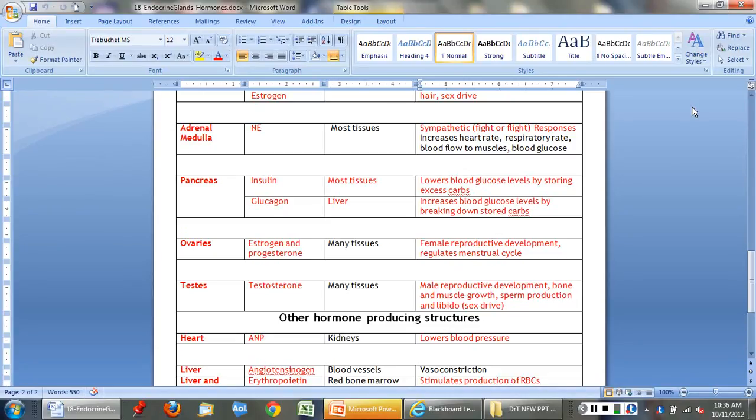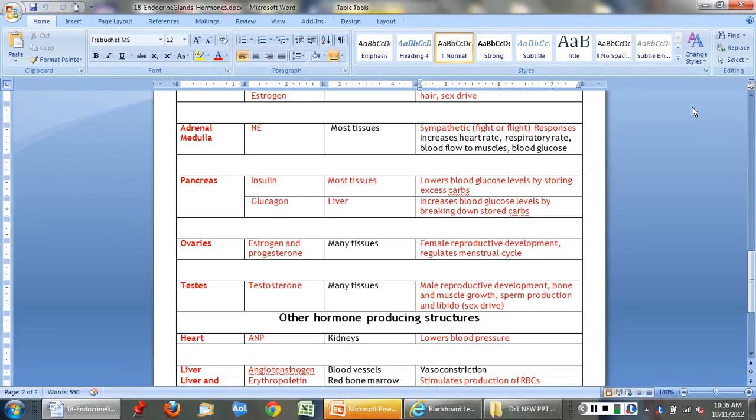And this hormone, atrial natriuretic, the natri has to do with sodium. What's the symbol for sodium? Na. So natriuretic, this hormone is going to cause the body to release salt, release sodium. So it's going to tell the kidneys to get rid of excess sodium from the blood.